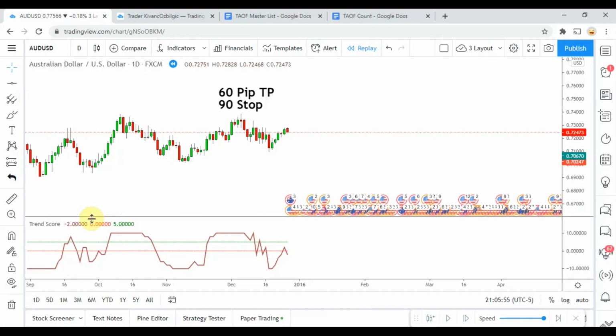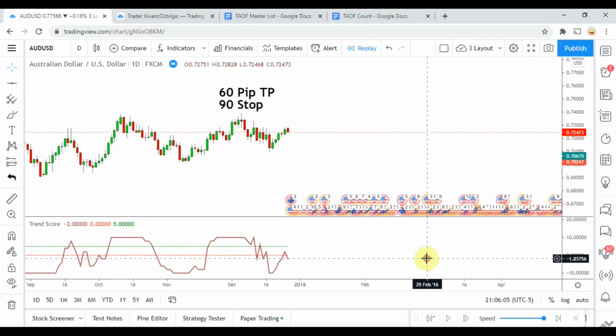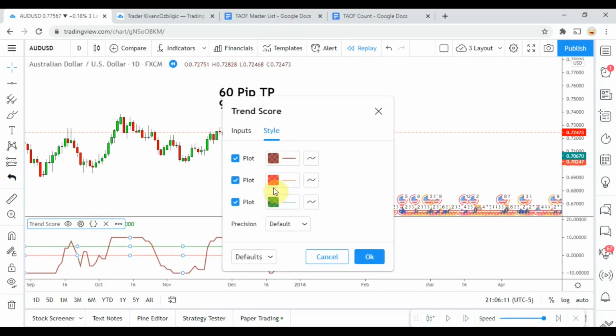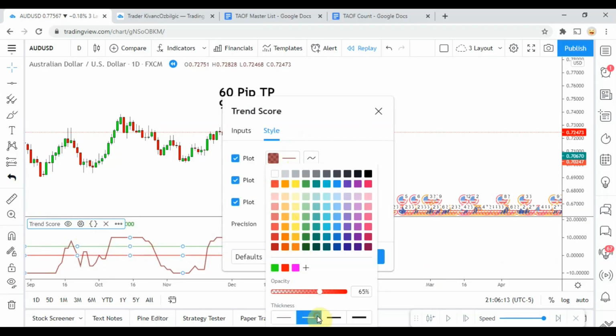Alright, trend score indicator. You can see it here on the bottom of the screen. Basically, it is an oscillating line, and it works kind of similar to how we would use the RSI. It's kind of hard to see, so let me bump up the line weight of these.